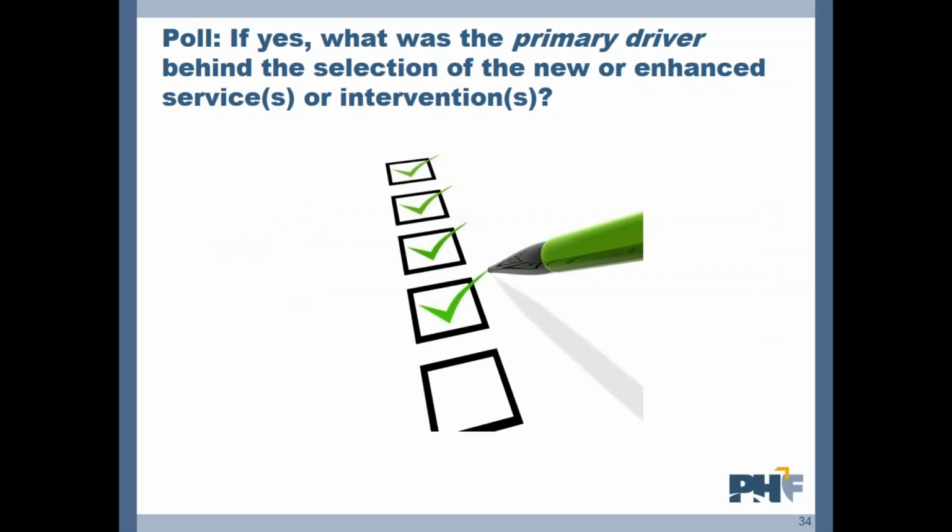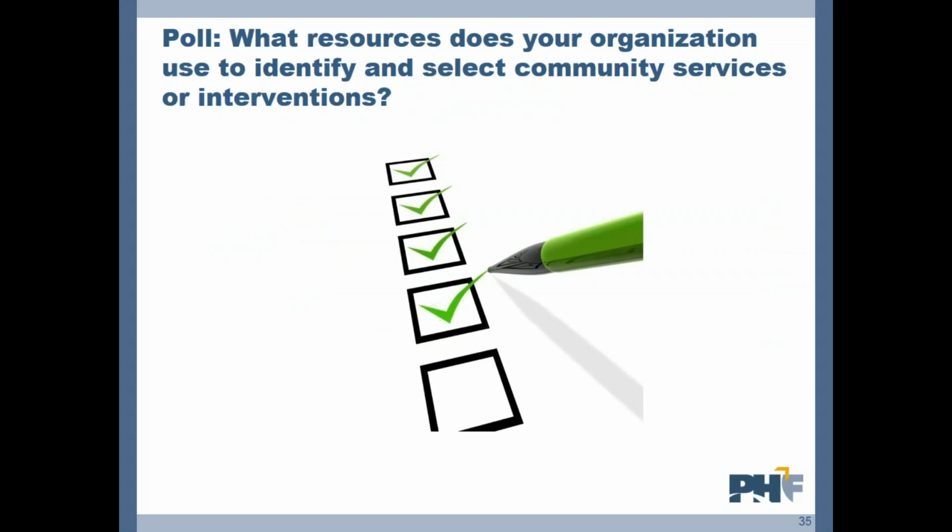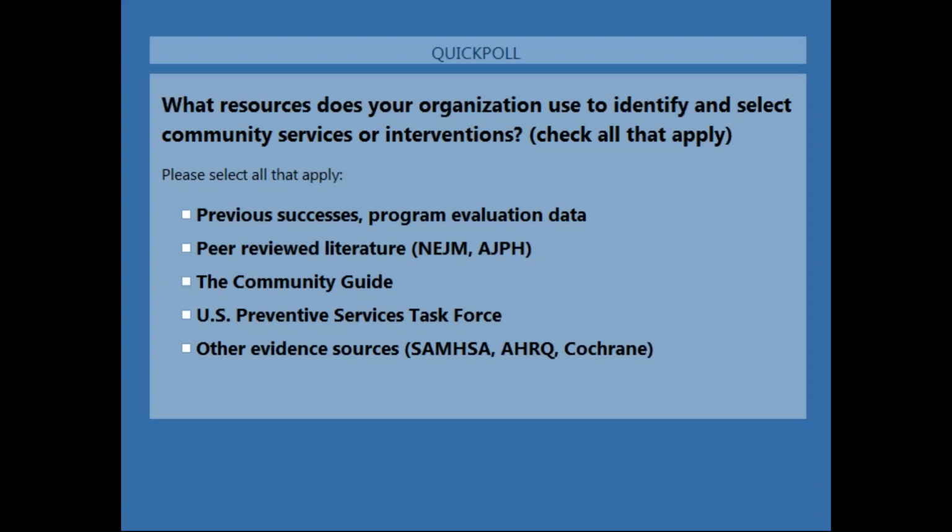Great. And let's turn to our final poll. What we'd like to know here is, where do you turn for the information that helps you with identifying and selecting the community services or interventions?